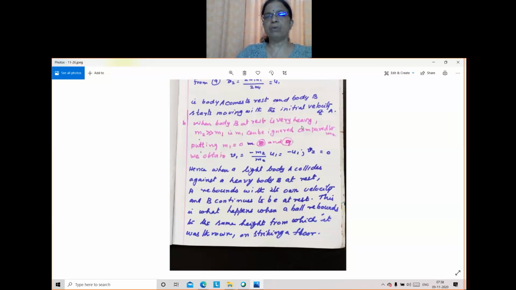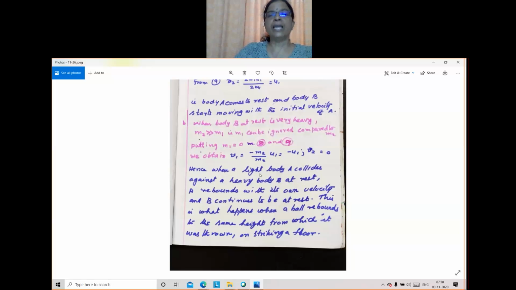It rebounds. That case is what we are discussing here. When body B at rest is very heavy, M2 is very much greater than M1. That is, M1 can be ignored. The ball's mass can be ignored compared to the wall's mass.